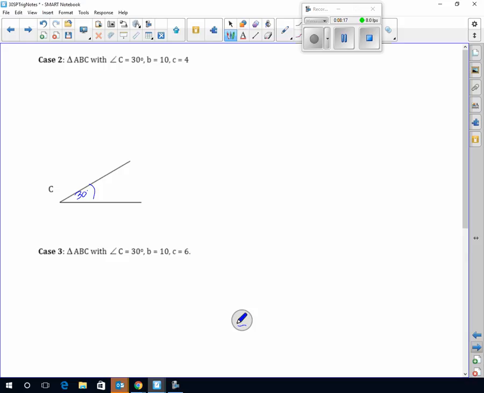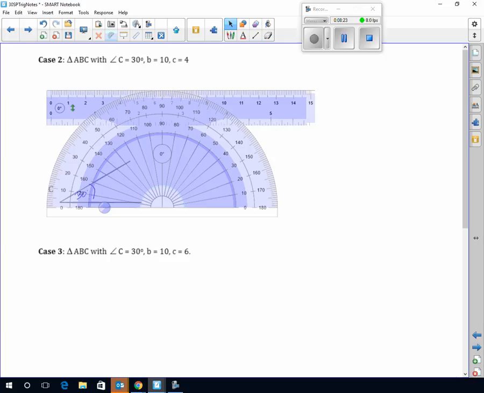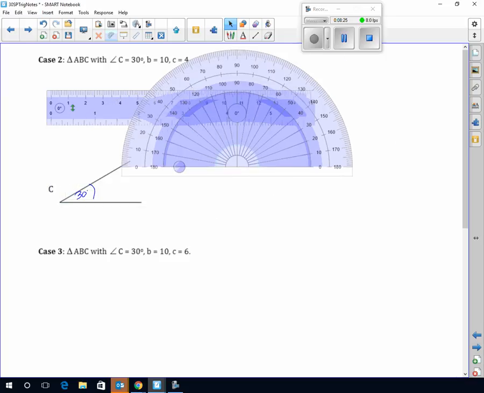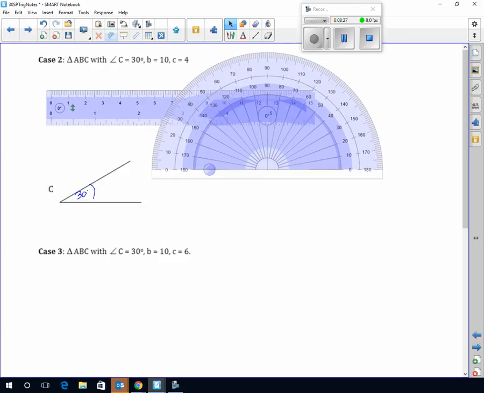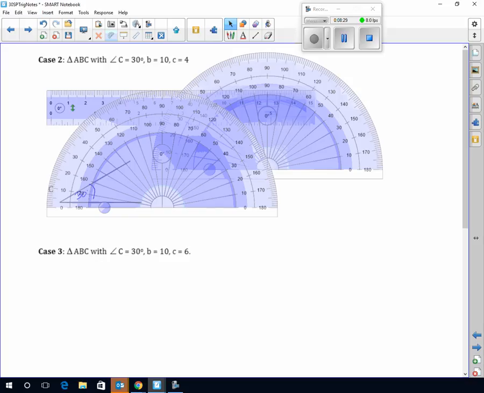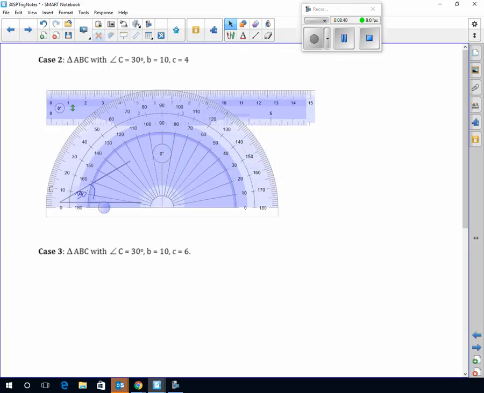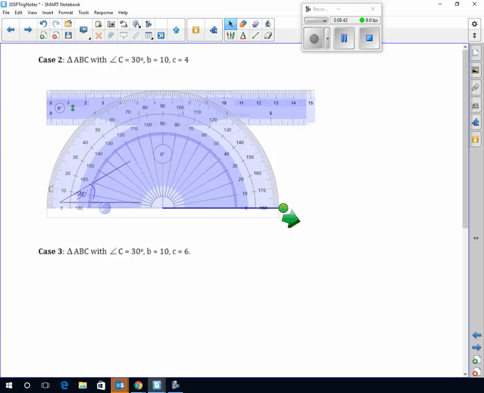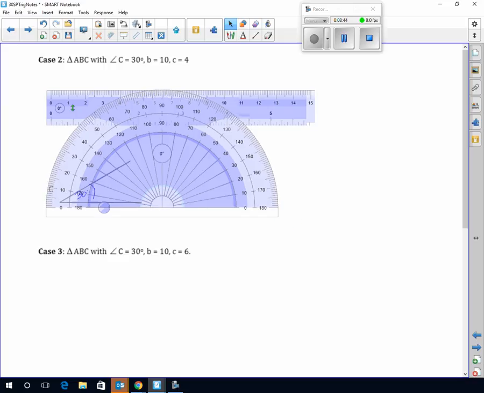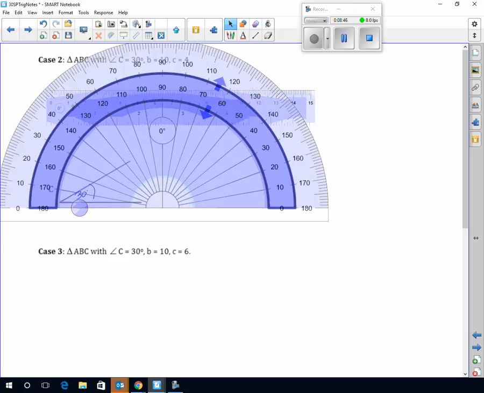So again, we need to extend A. So that's the first thing I'm going to do. Actually, I don't need a protractor. I'll just move it out of the way.